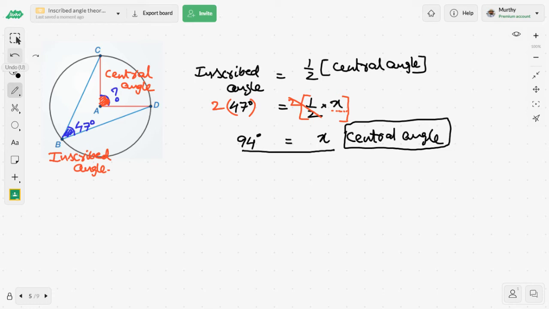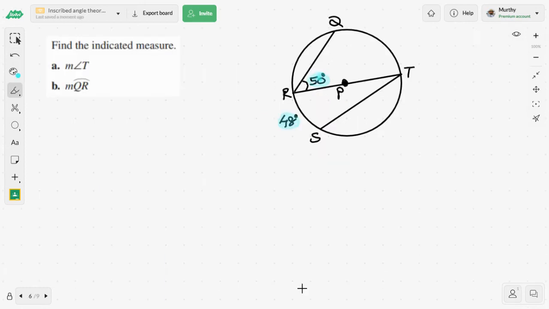Any questions on this? Now look at this question. Find the indicated measure. I see that arc RS is given as 48, and the inscribed angle is given as 50 degrees.